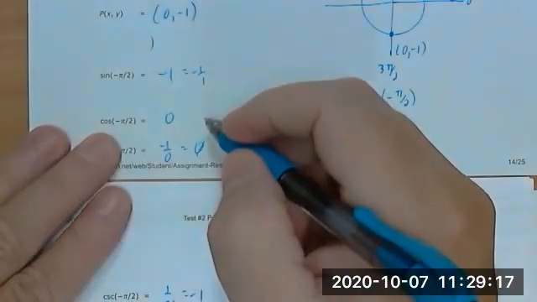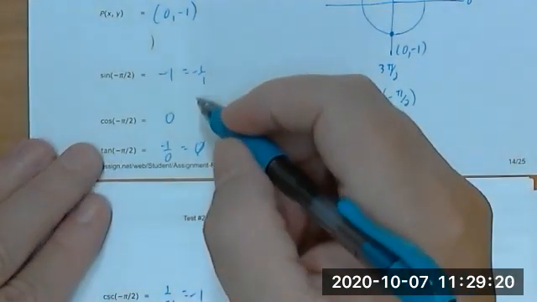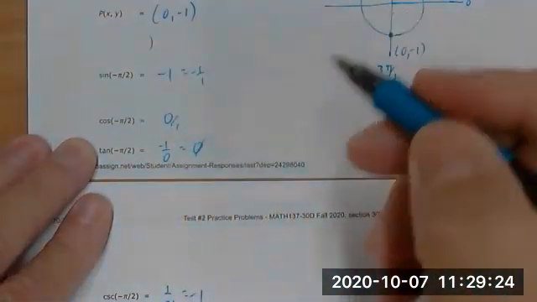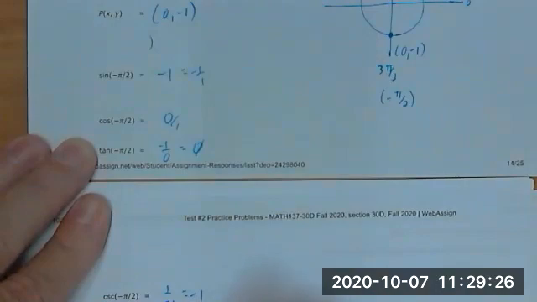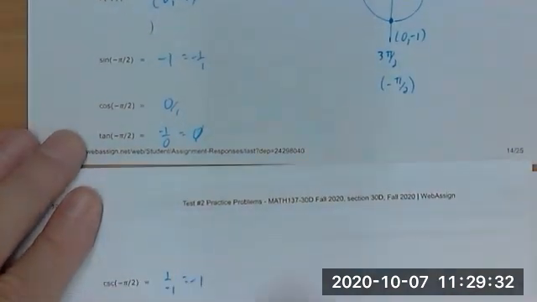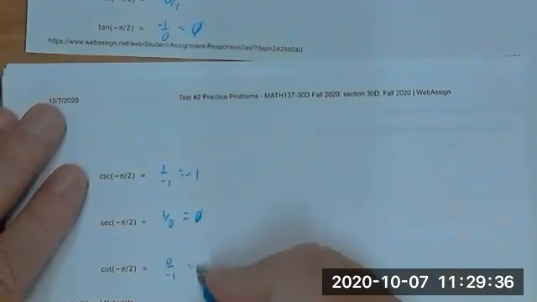The secant is the reciprocal of the cosine. If you think of the cosine at 0 over 1, you have 1 over 0, which is undefined. And the cotangent is the reciprocal of the tangent, 0 over negative 1, which is 0. And I would just make sure I didn't get confused and mess anything up.